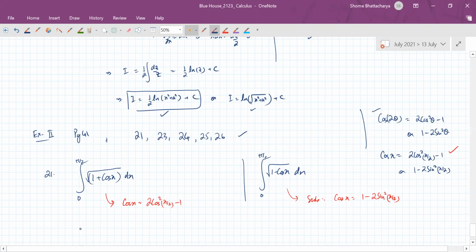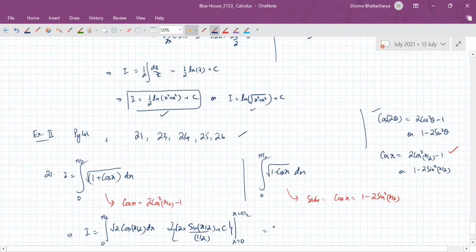So on doing this substitution, this one becomes the integral from 0 to pi by 2 of root 2 cos x by 2 dx. So the root 2 comes out, integration of cos is sine, but there is a coefficient of half, so that comes in the denominator. So this is your antiderivative, and these are the limits.